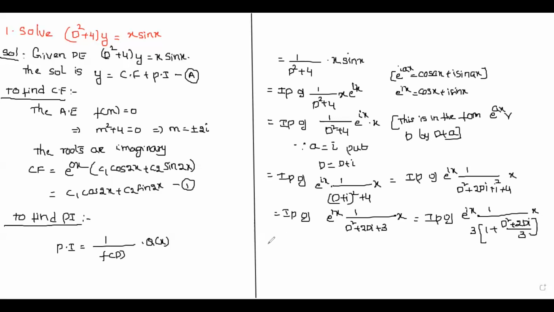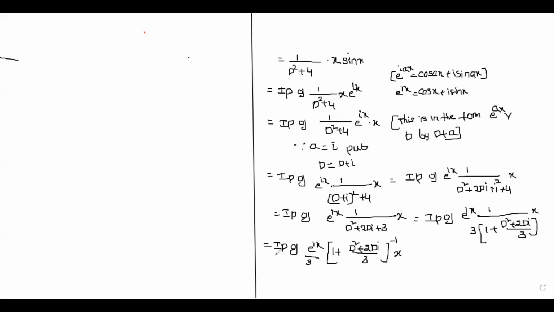So this is equal to the imaginary part of e power ix by 3, this term comes to the numerator, into 1 plus (d square plus 2di) by 3 whole inverse into x.